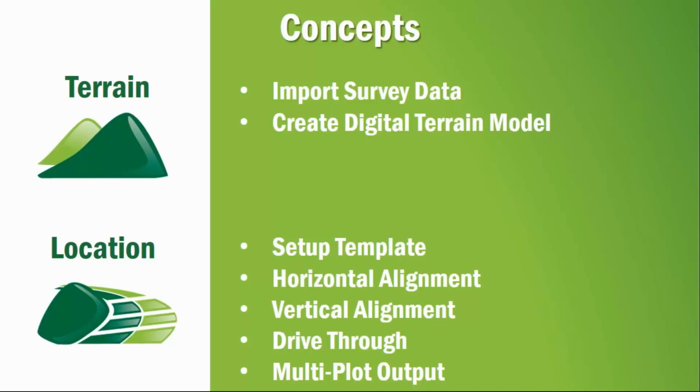Then he'll be creating the vertical alignment and adding curves, and while he's doing that, he'll also be balancing his earthworks. Then Jack will show us a drive-through of the road that he's designed, and finally he will be doing a multi-plot output.